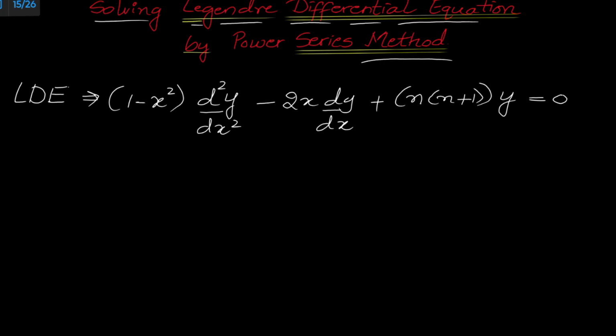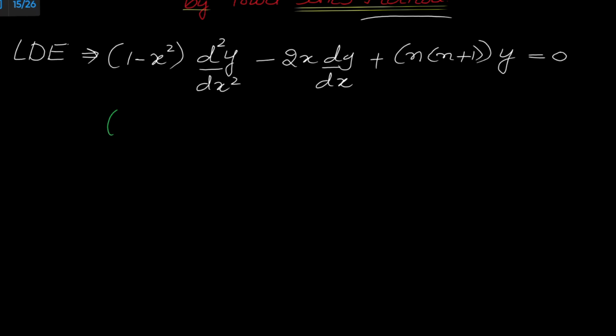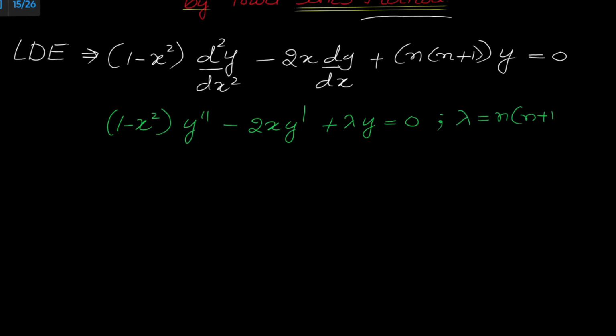People also write this as (1 minus x squared) y double dash minus 2x y dash plus lambda into y is equal to 0, where lambda is equal to n into (n plus 1).